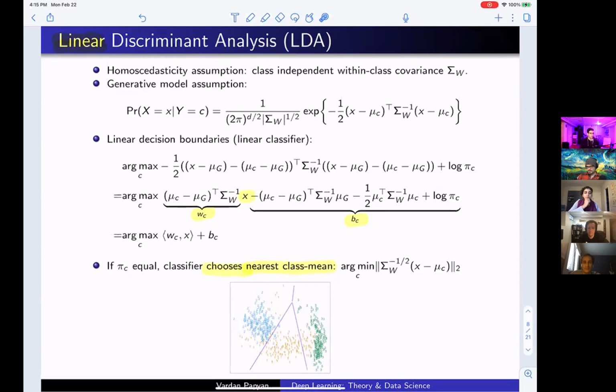And so basically, in this linear discriminant model, you assume that there is a single covariance matrix, which is the within class covariance matrix, and there is a set of class means mu c, right? And then what you can do is you can show that picking the class that's most likely given a certain sample X reduces to a linear classifier.